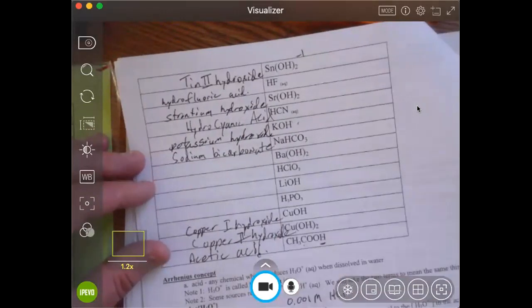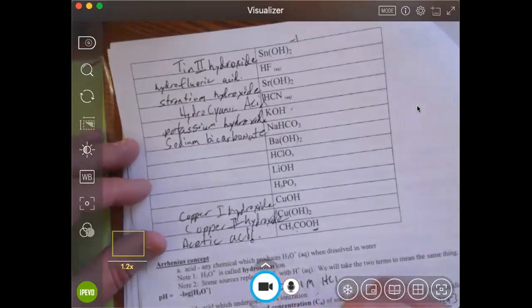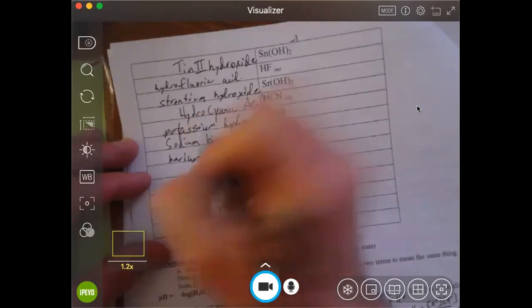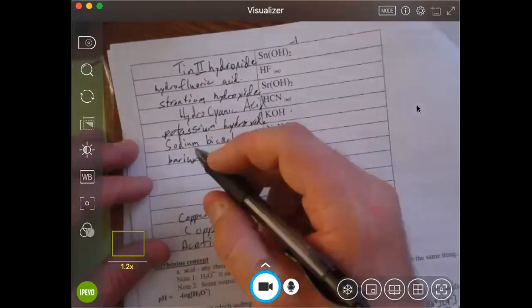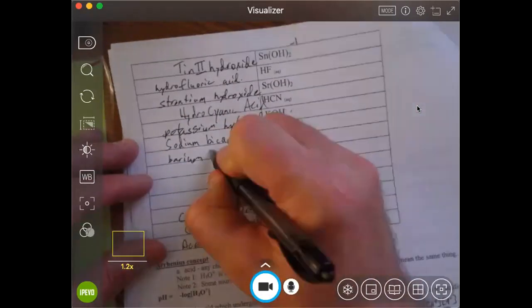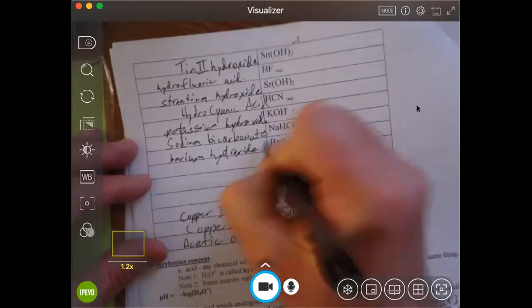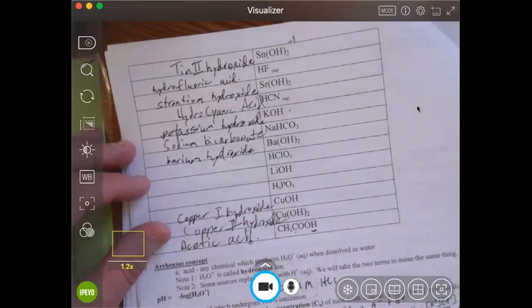How about Ba? Barium, Landon says. Anita is correct. So that is barium. Is it in group 1A, 2A, silver, zinc, or aluminum, Landon? Barium is actually in 2A, right? So we don't need the Roman numeral for that.